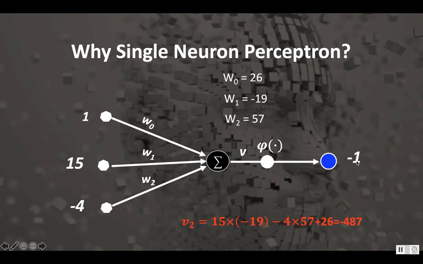So similar for the next input, 15, -4. If we multiply them together, you get a negative number. It's minus 487. So this one is the input to the activation function. We get the output equal to minus 1.